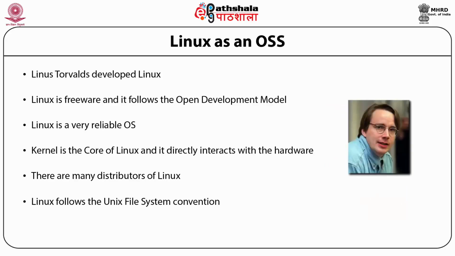And in software, in the picture you can see a very young boy, a Finnish student, who developed a software because he could not afford Unix as an operating system. An operating system is a software which is essential for any computer to use as an interface between the user and the hardware. Machine is just a hardware.